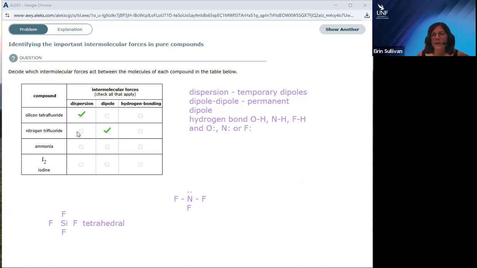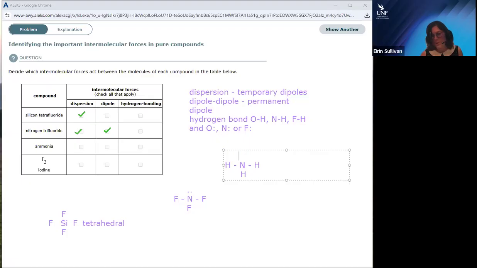And of course, we mustn't forget that we always have dispersion forces, regardless of whether we have dipole-dipole, hydrogen bonding, whatever. If I draw ammonia, again it's going to be an analogous structural shape. In terms of VSEPR, for both of these, the steric number is 4, with 3 bonds and 1 lone pair.